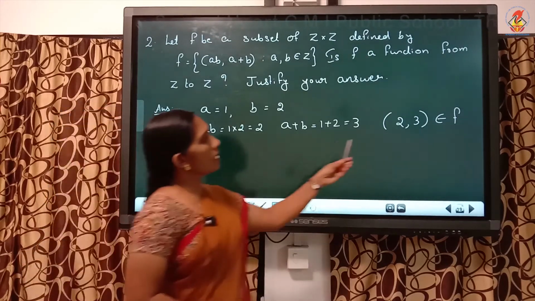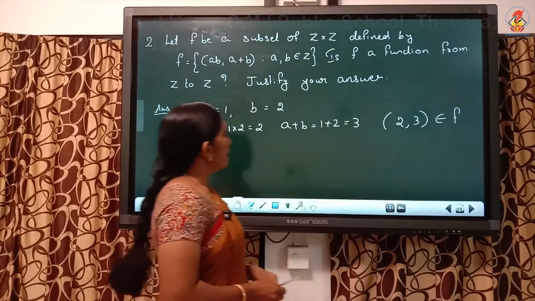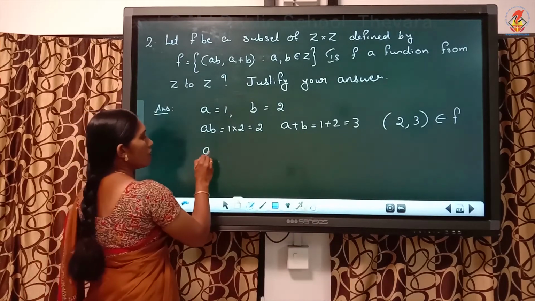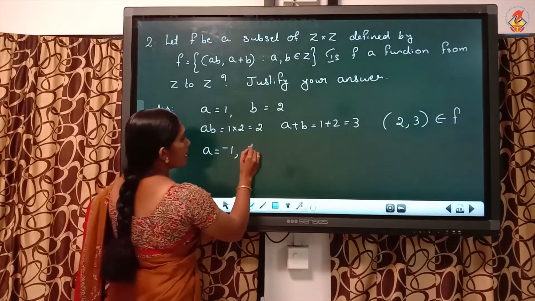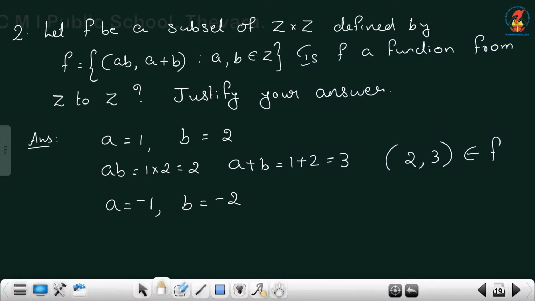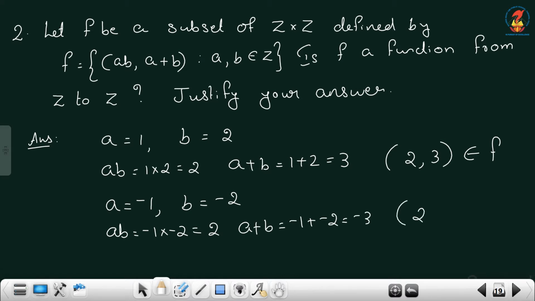So this (2, 3) is an element of F. Then I can give negatives also, since the set is integers. a is equal to -1 and b equal to -2. What is ab? -1 into -2, negative into negative, is positive 2. And a + b is -1 + -2, which is -3. Okay. So I can write that (2, -3) is an element of F.